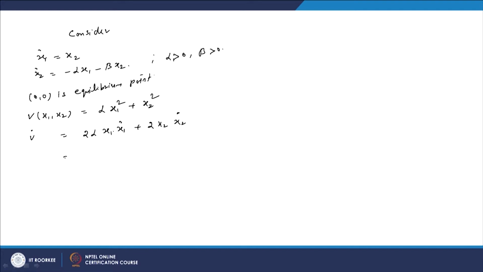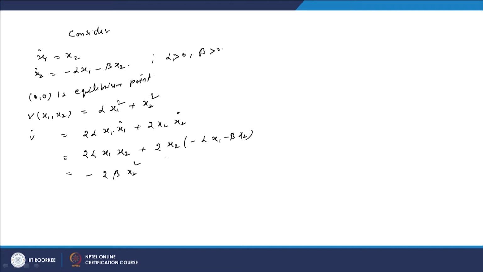If we substitute from the equation, we get 2 alpha x1 x2 plus 2 x2 into minus alpha x1 minus beta x2. We see that 2 alpha x1 x2 gets cancelled, remaining is minus 2 beta x2 square.